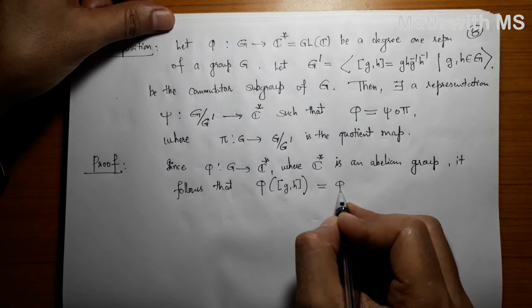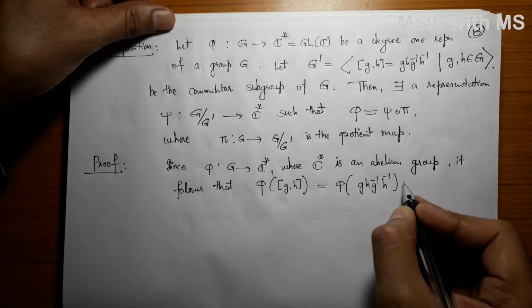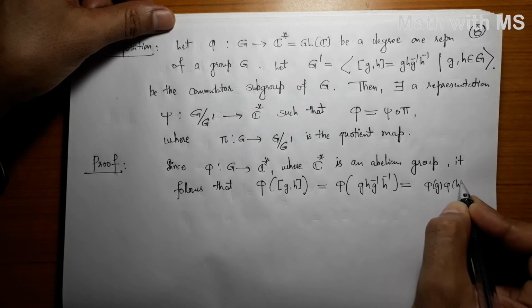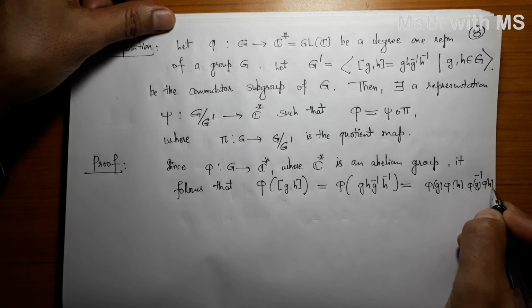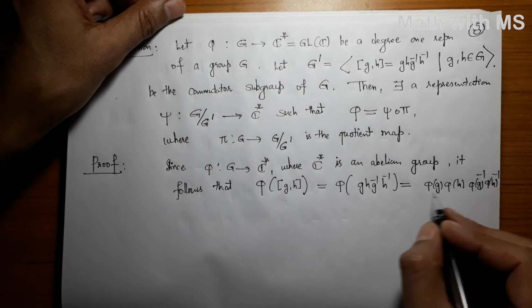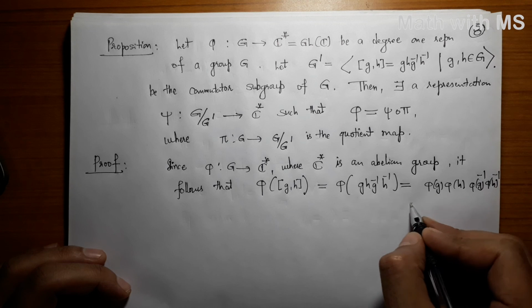This by definition is phi of g h g inverse h inverse. Phi is a homomorphism, so it becomes phi of g, phi of h, phi of g inverse, phi of h inverse. But where is this element? This element is in C star, which is abelian, so it gets cancelled, this just becomes 1.